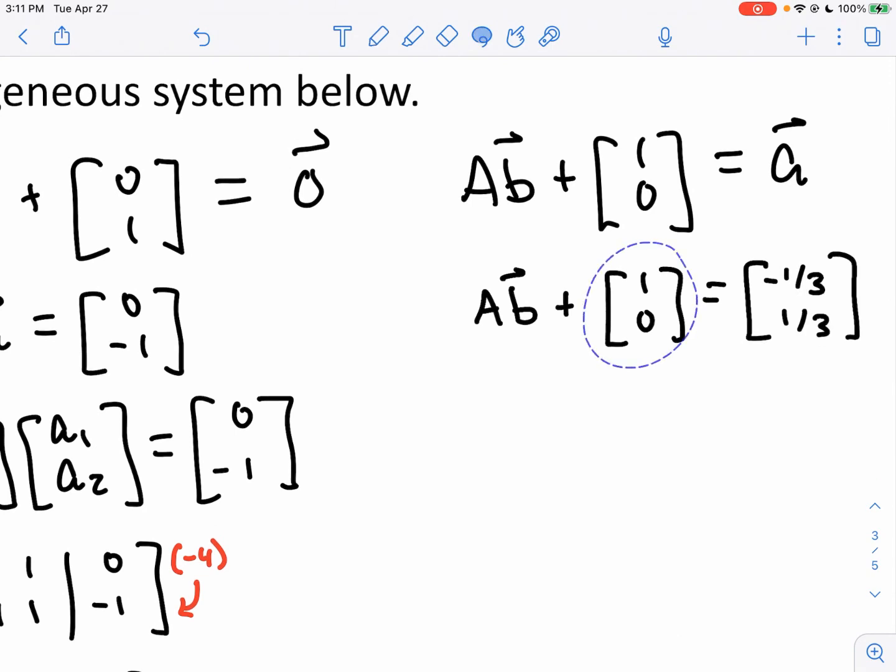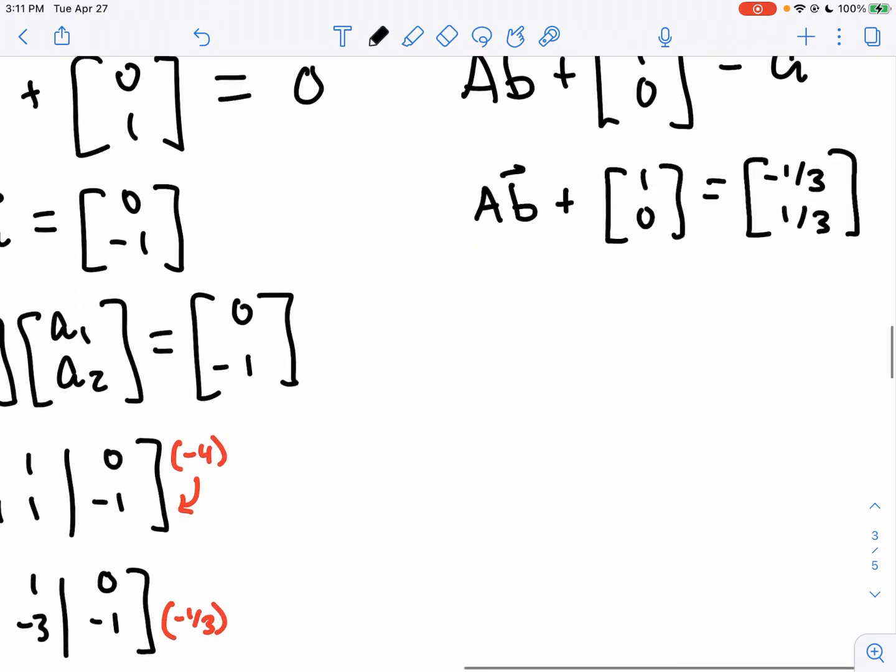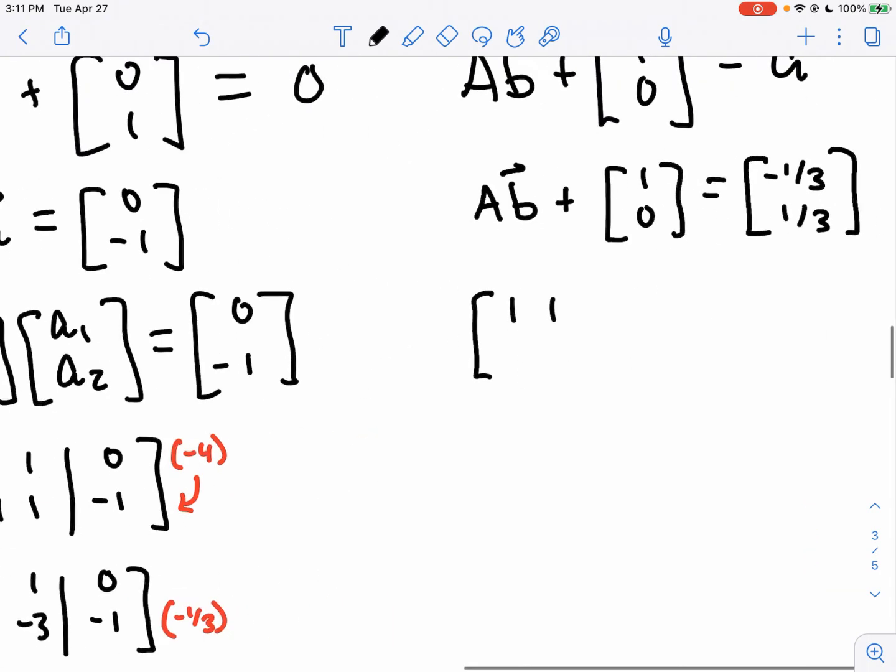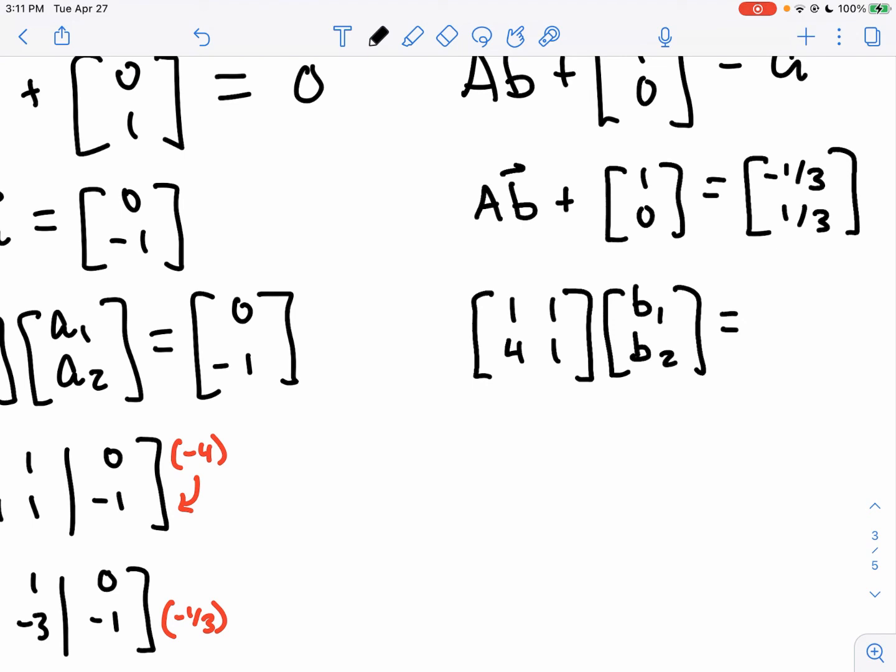So I'm going to subtract this over to this side, and then convert these to matrices and vectors. So matrix A was 1, 1, 4, 1 times vector B, which when written this way is B1, B2, is equal to, and then we need to subtract 1, 0 from this vector A here.